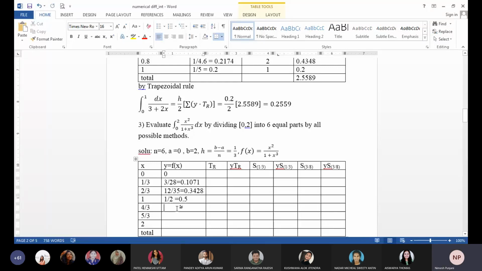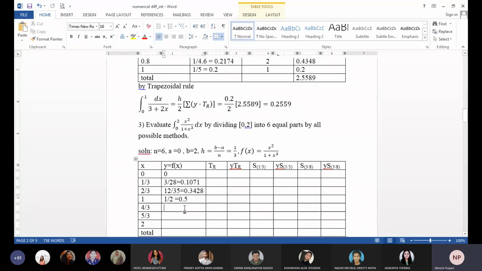These 4 values of y are clear. Yes, sir. Okay. Now complete the values of y. Complete the values of y and tell me. I will also do it, but you solve and get the answer.